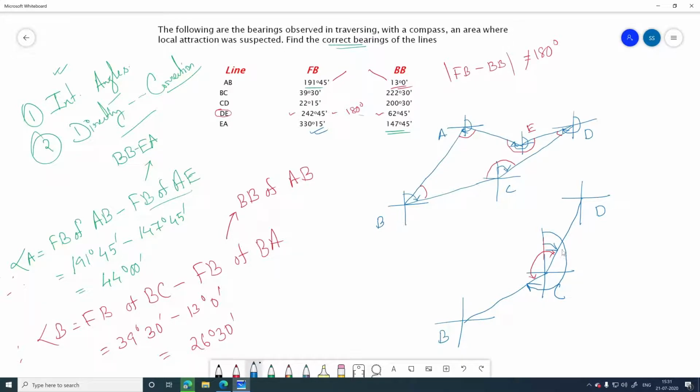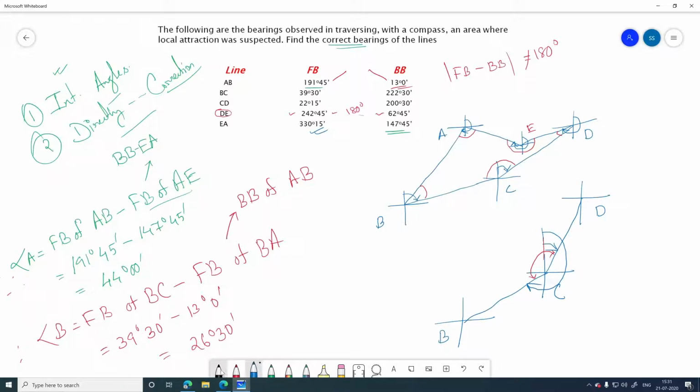So if we can subtract, and this angle is nothing but forebearing of CB. So if you subtract the forebearing of CD from this forebearing of CB, we will get the exterior angle C, that means the outer portion. And if you get the exterior angle, definitely if you subtract that value from 360, you can get the interior angles.